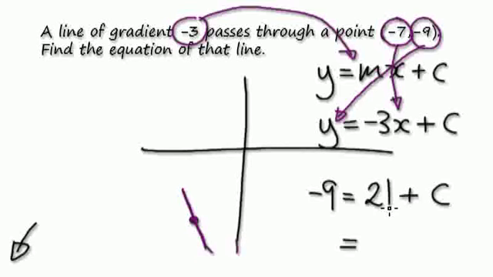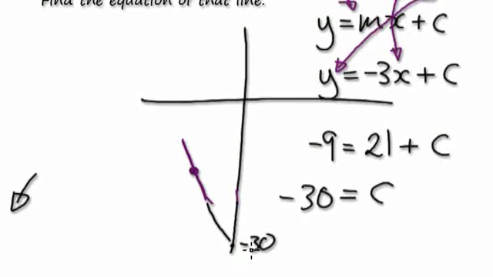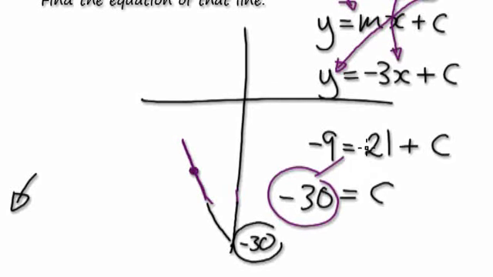Now minus 21 from both sides. So c equals minus 30. So the intercept is minus 30. So this is our c. So we can actually put this into here now.